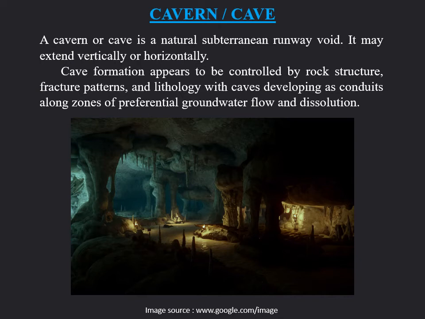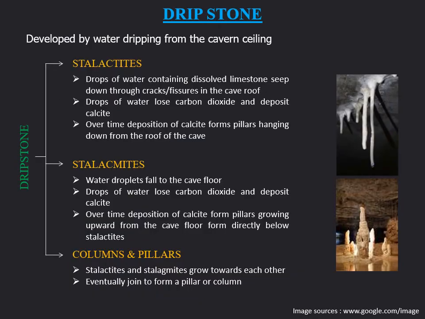Now, caverns exhibit a variety of depositional features. The most striking features are usually the accumulation of calcium carbonate on the ceilings, on the walls, as well as on the floors.